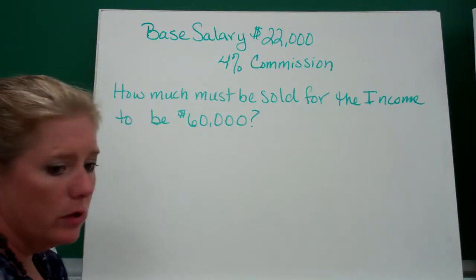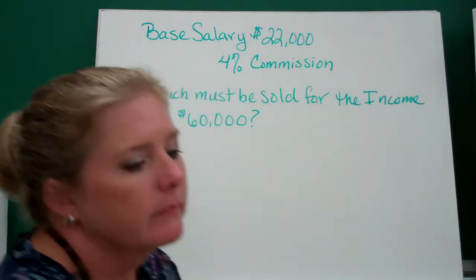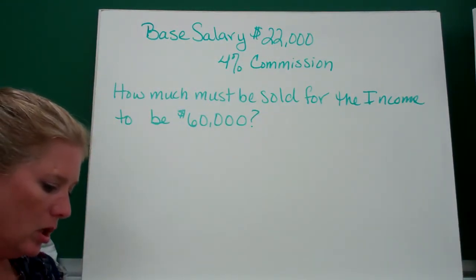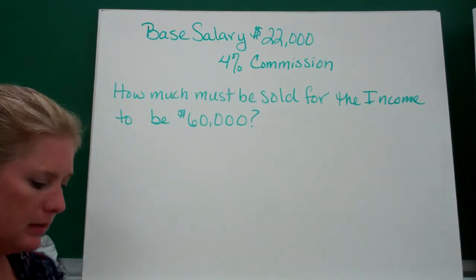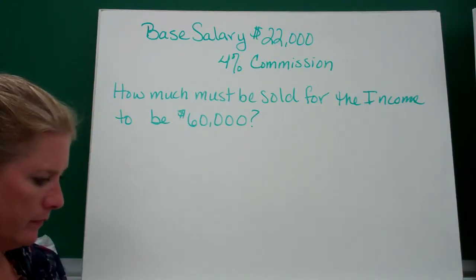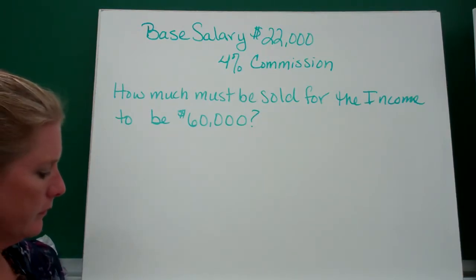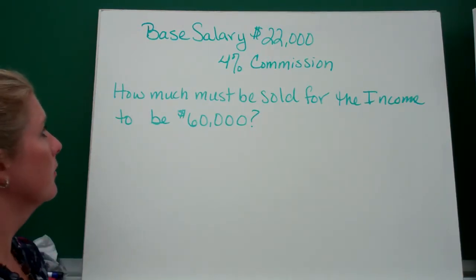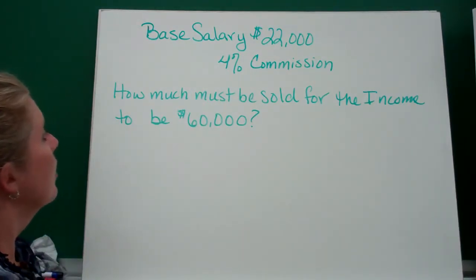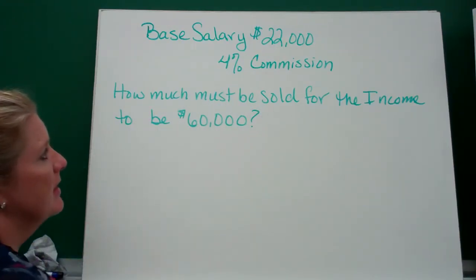Here is a word problem. This one talks about a salesperson who has a base salary of $22,000 a year. He gets a 4% commission. What must be sold for the income to be $60,000?